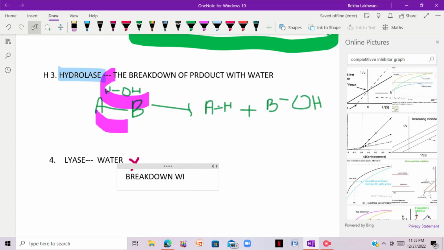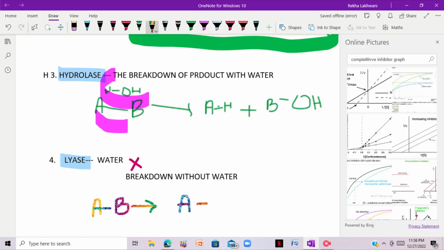Now another enzyme which we are having is known as isomerase. Now what happens? It converts one compound to its isomer.